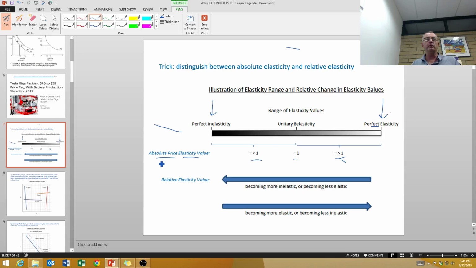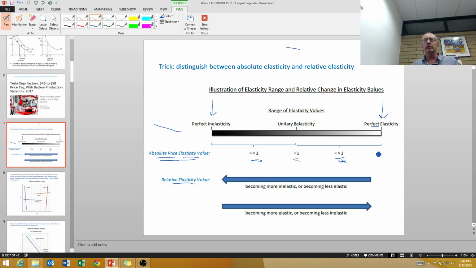So the way the book has presented this is in terms of absolute values of the figure that comes out of the price elasticity of demand calculation. However, we also use elasticity in a relative sense.